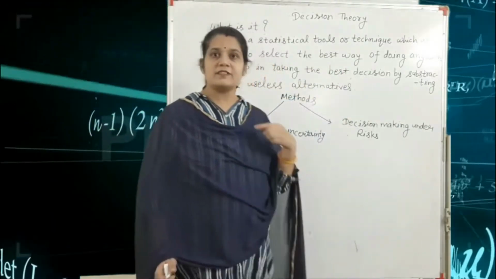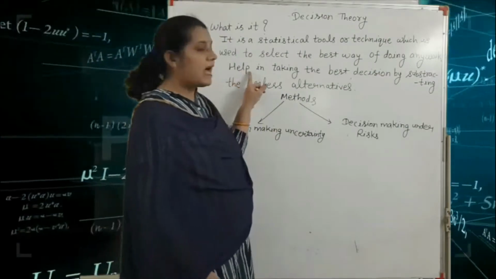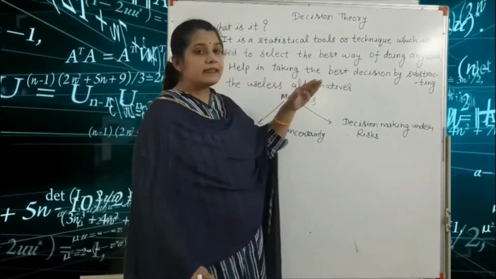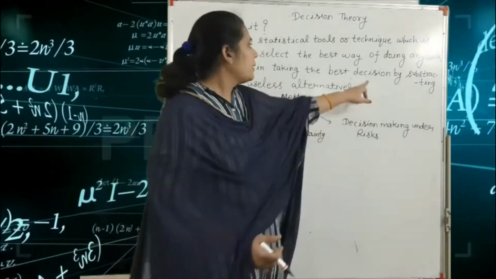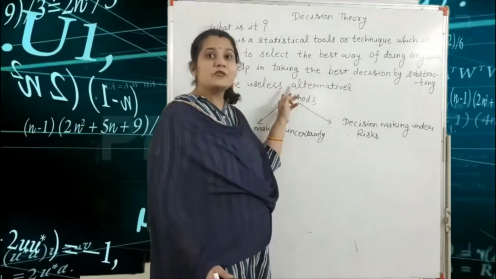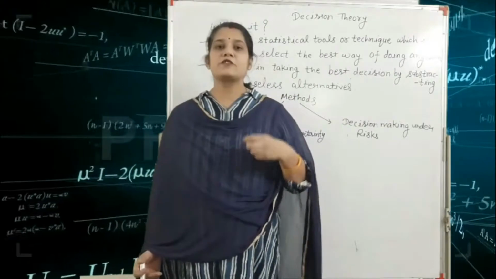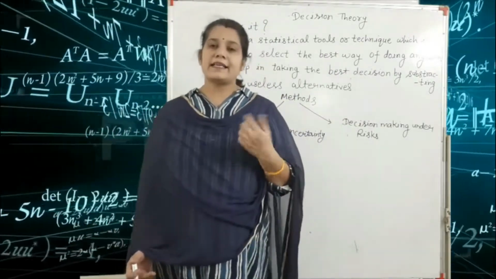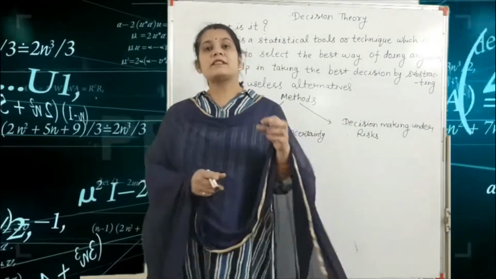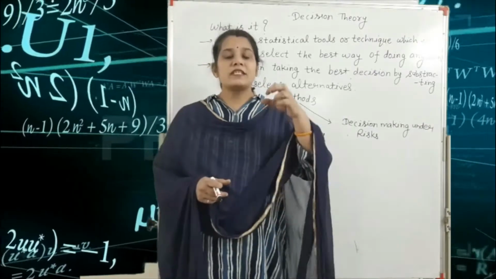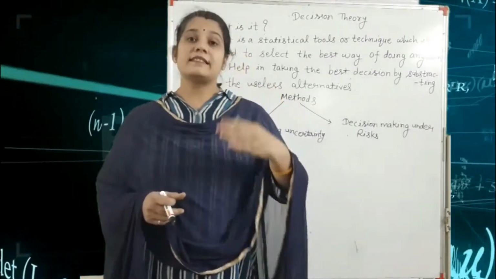In other words, it helps in taking the best decision by eliminating the useless alternatives. That means when we have any work to complete, many alternatives exist, but choosing the best alternative depends on decision theory.